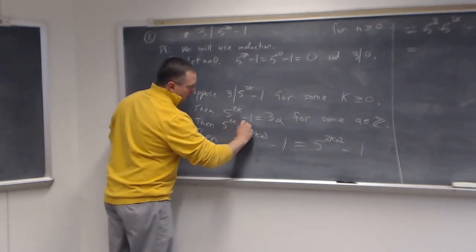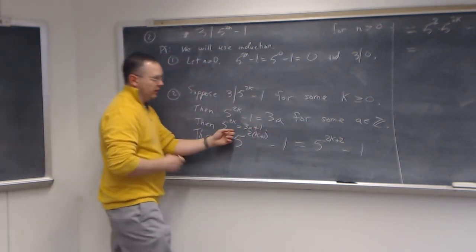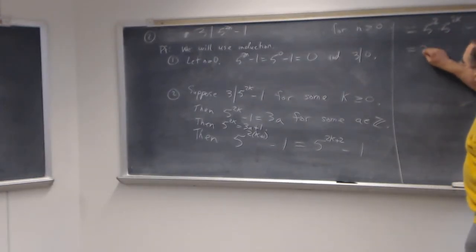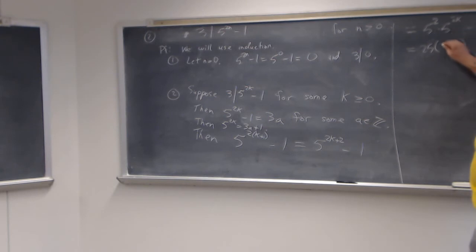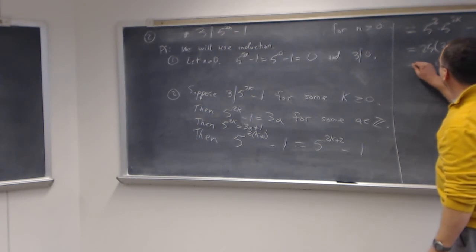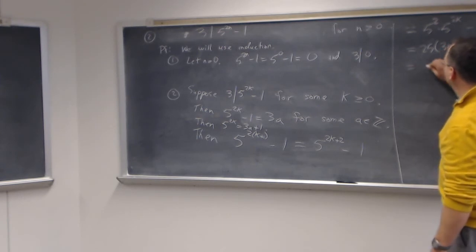5 to the 2k equals 3a plus 1. So I'm going to replace this 5 to the 2k with 3a plus 1. So what do you get here? This equals 25 times 3a plus 25 minus 1.